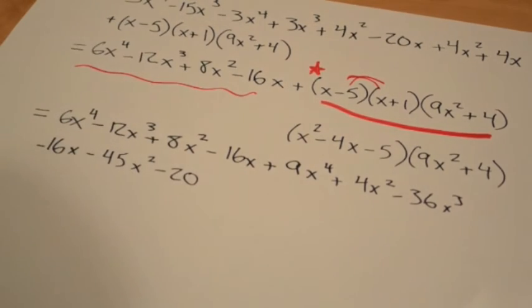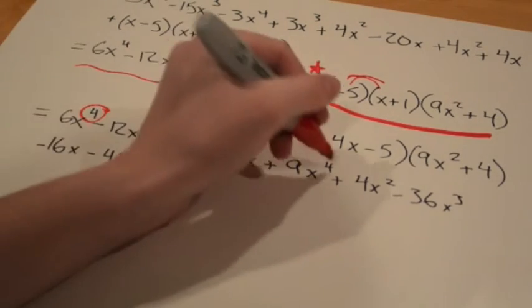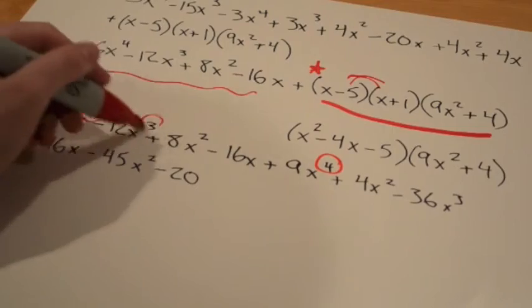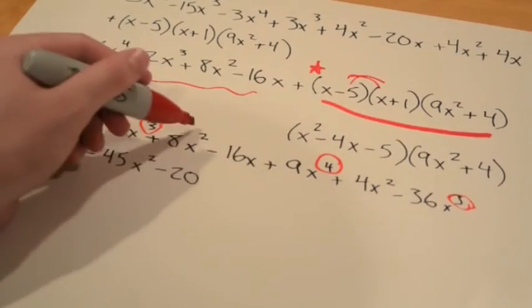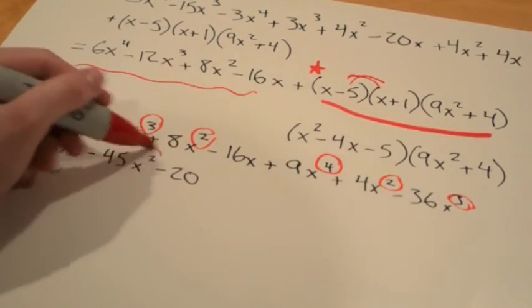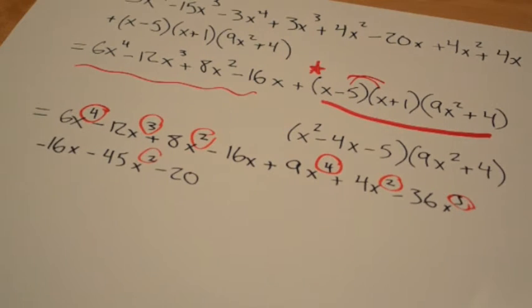And then from this step, you're going to combine like terms with the exponents. As you can see, there's 4 and 4, 3 and a 3, 2 and a 2, and another 2. Now you're just going to combine like terms.